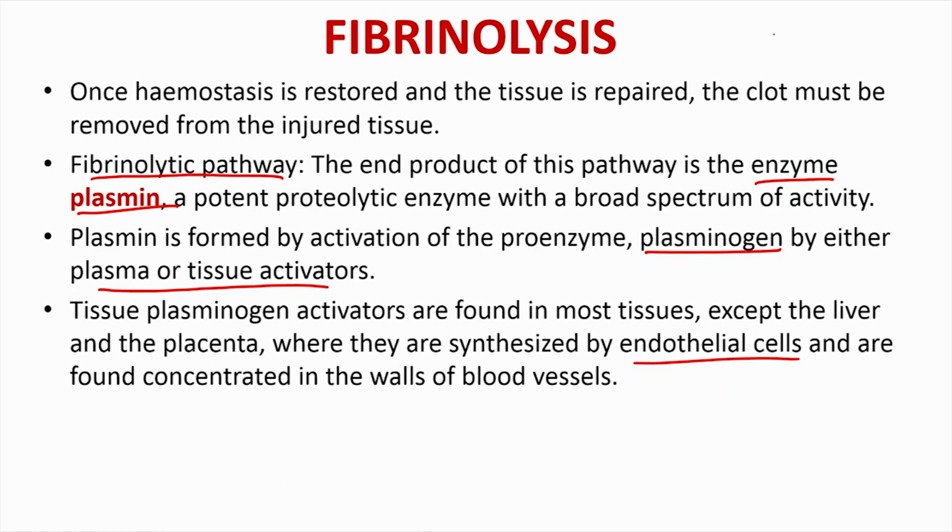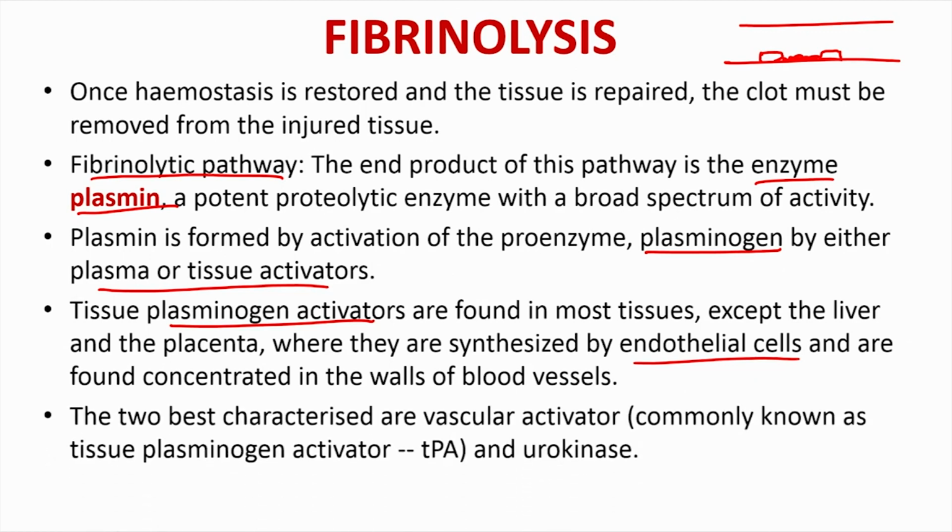So, let us say this is the obstruction and these endothelial cells are now migrating towards it. They will themselves secrete these plasminogen activators to cause the degradation of this clot that is here.